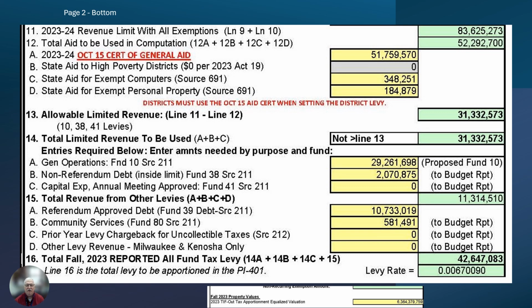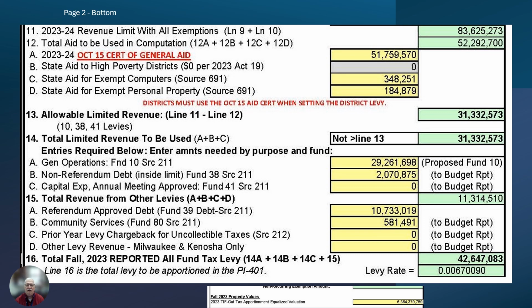Line 14, the total limited revenue, and line 15, total revenue from other levies, are added to create on line 16 the total fall proposed levy. In this example, $42,647,083.